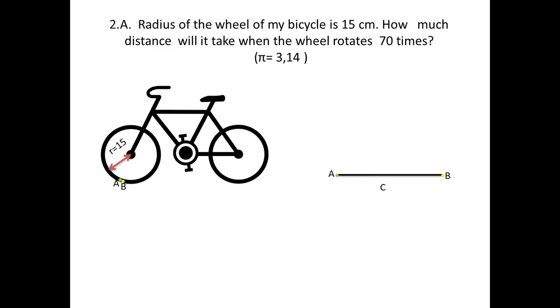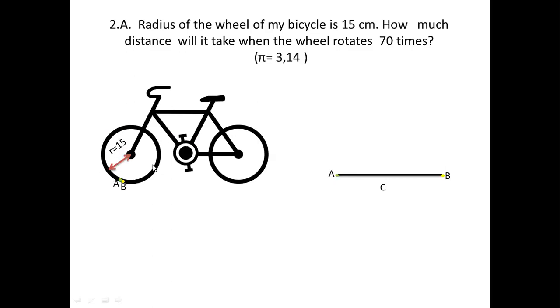Next, question 2a in your activity book. Radius of a wheel of my bicycle is 15 centimeters. How much distance will it take when the wheel rotates 70 times? A wheel of a bicycle is also a circle, and here we have radius 15.